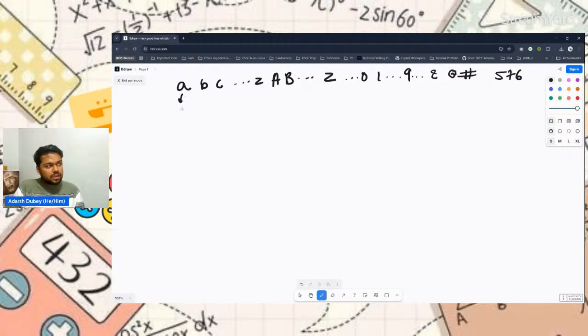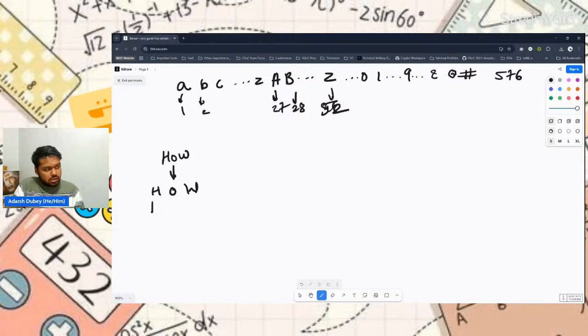I can give A 1, B 2, capital A 27, capital B 28, and so on, 26 plus 26, 52. You can say, okay, we have given an ID to each character. Now our work is easy. Now suppose someone says how, we'll just do H, O, W and figure out the IDs of these.